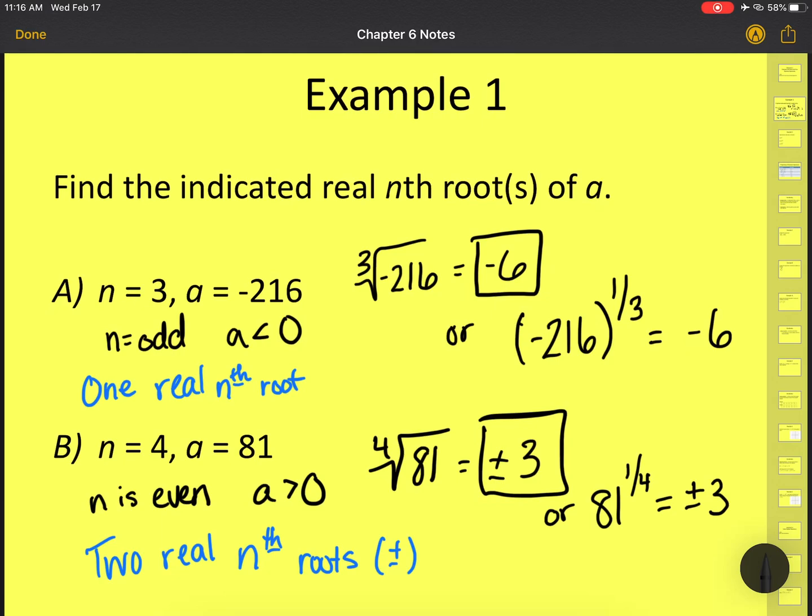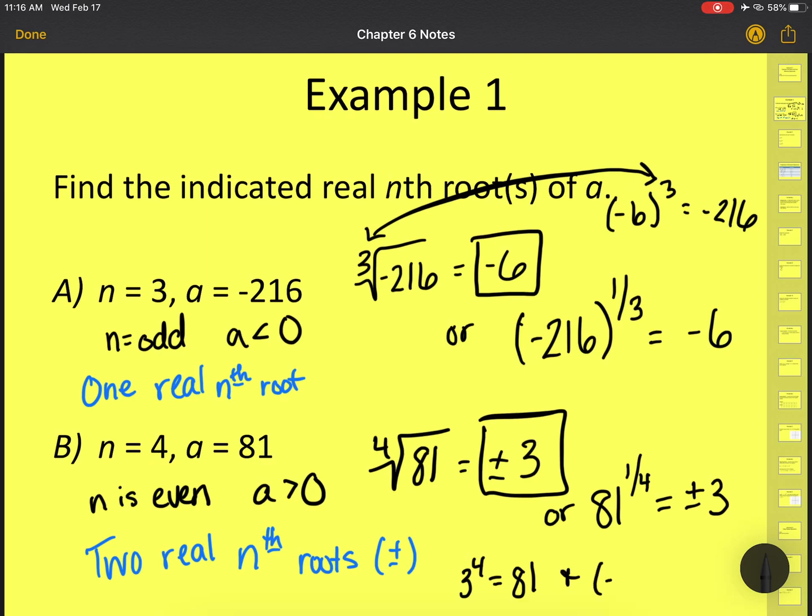And it's still kind of the same case: if I use negative 6 from that first example and raise it to the 3rd power, which is the same index that I used on that radical, I'm going to get back negative 216. Same thing applies down here. If I raise regular 3 to the 4th power, I get back 81. And if I use negative 3 to the 4th power, I get back regular 81.